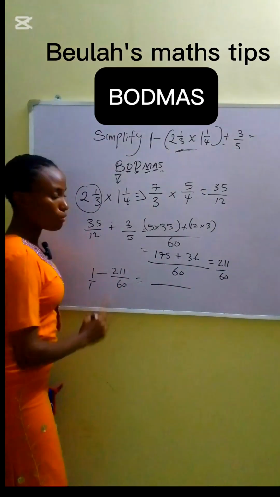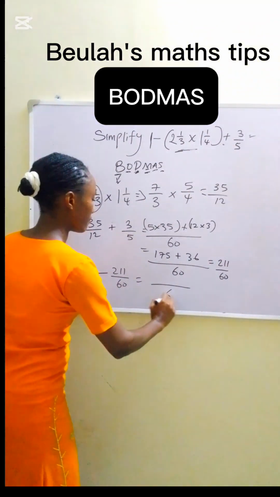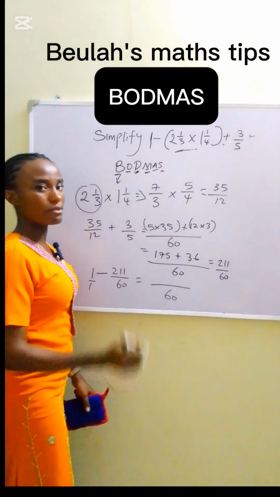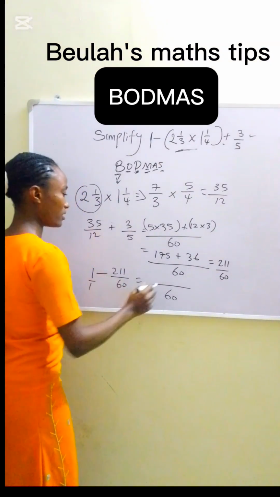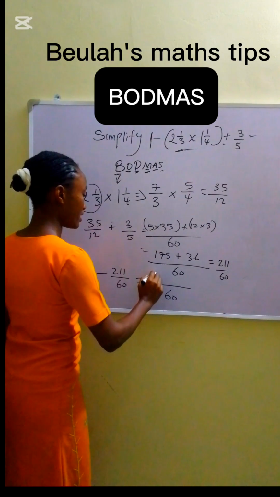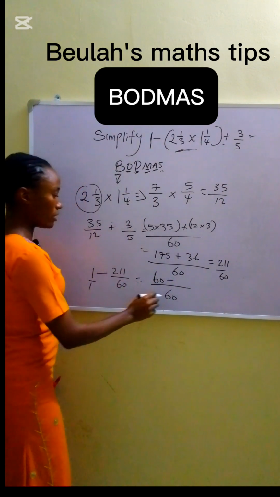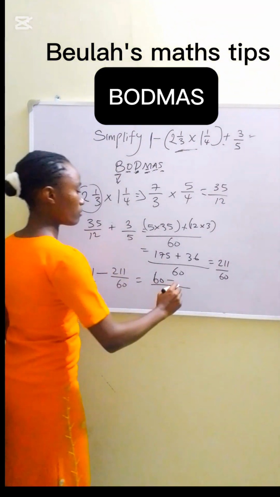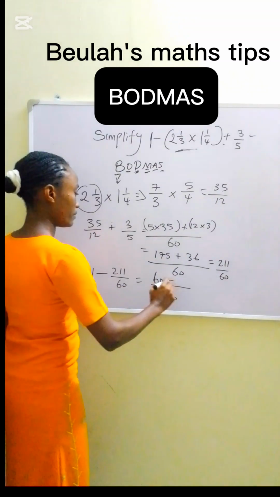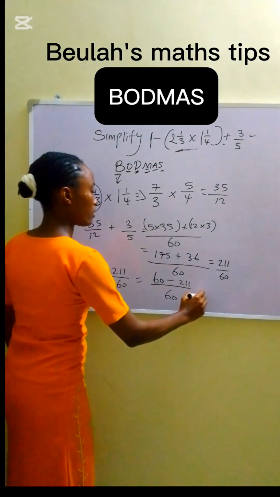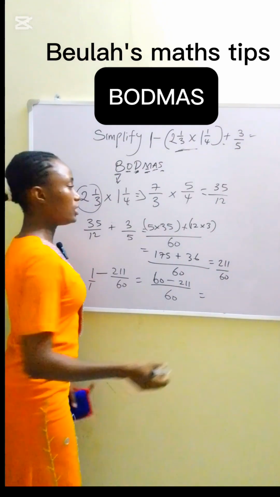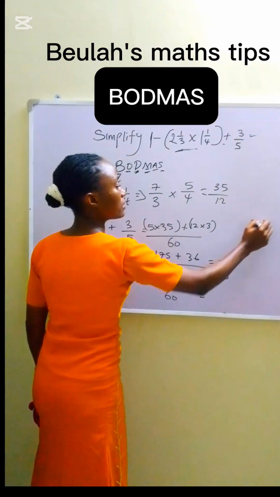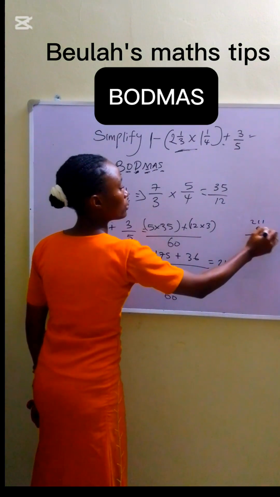The LCM of 1 and 60 is still 60. 1 will go in 60 how many times? 60 times. 60 will go in 60 once. 1 times 211 is 211. Now let us subtract. 60 take away 211. Let's do it like this, then we'll turn it over.